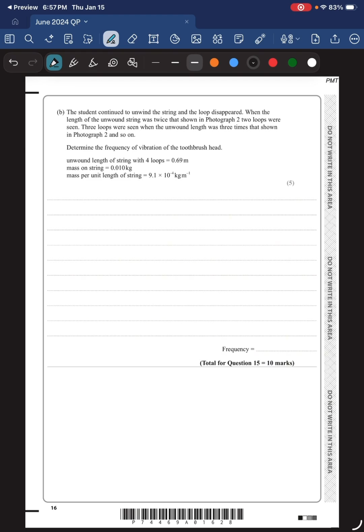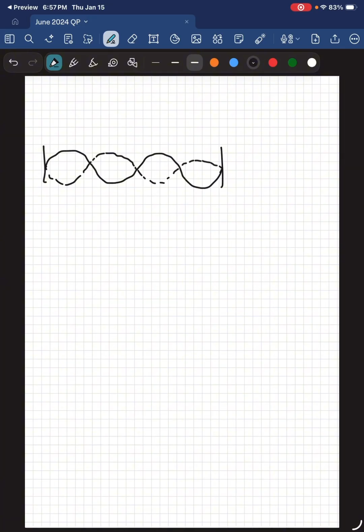So what they mean, I guess, by 4 loops, I'm going to use a clean page. They're talking about a situation that will look like this, I guess. So that's 2 loops, 3, 4. Okay. So we have 4 loops.